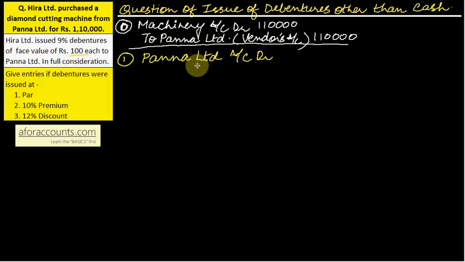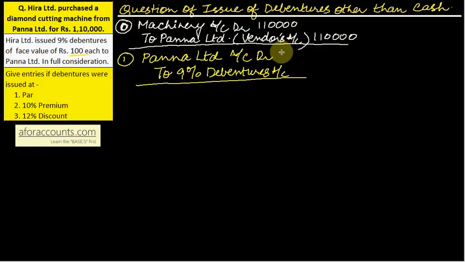To 9% debentures account. And what will be the amount? Same, 1,10,000.